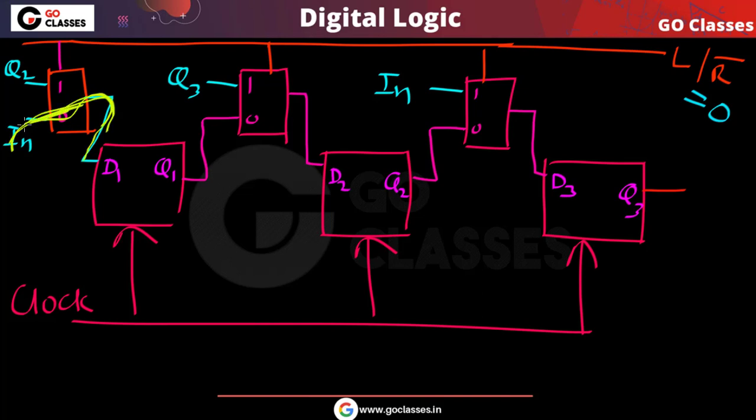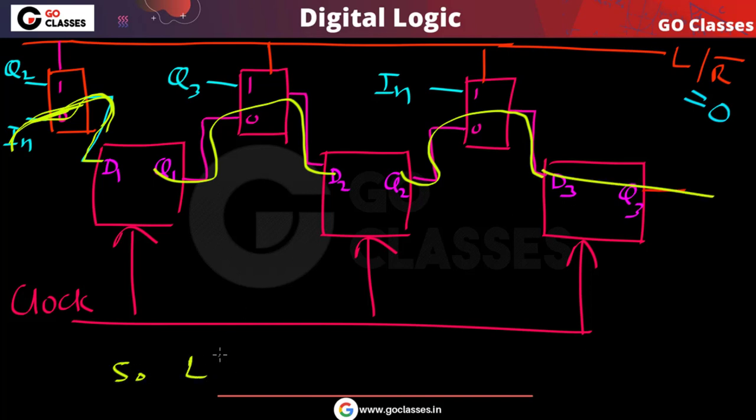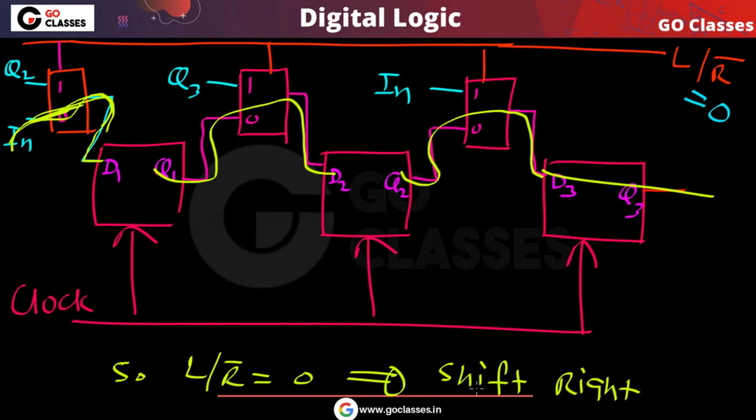In this situation this input will go to D1, and this Q1 will go to D2. And this Q2 is connected to D3. So when LR bar is 0, that implies shift right.